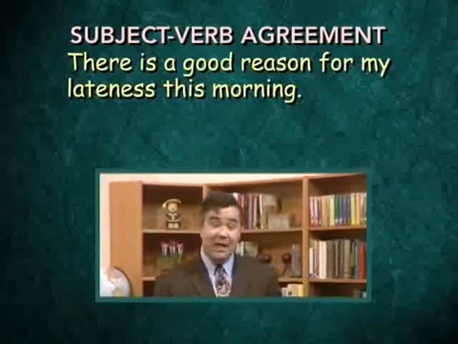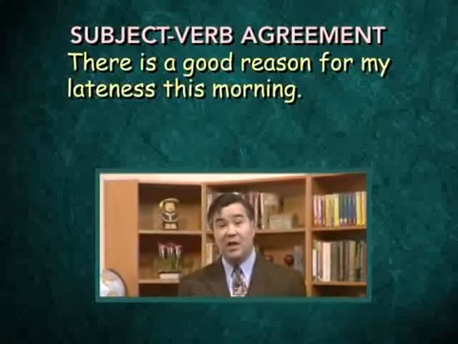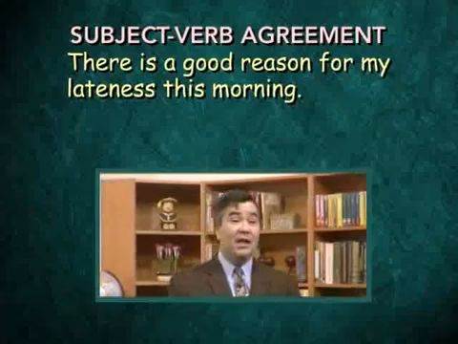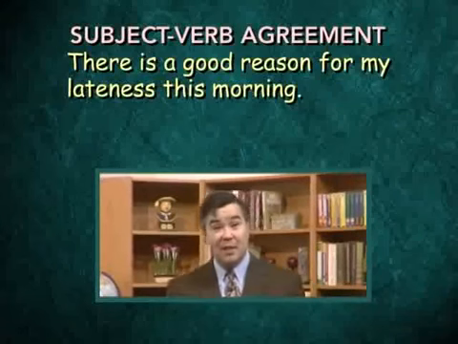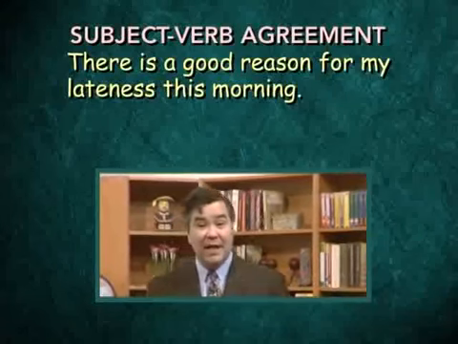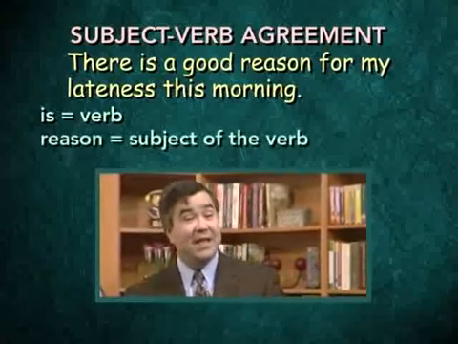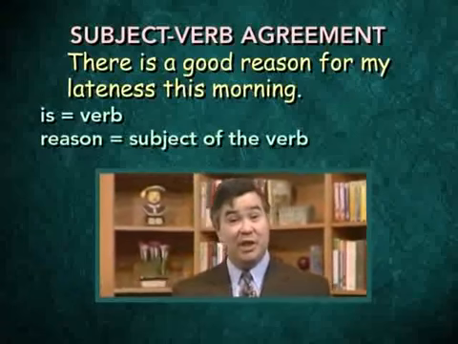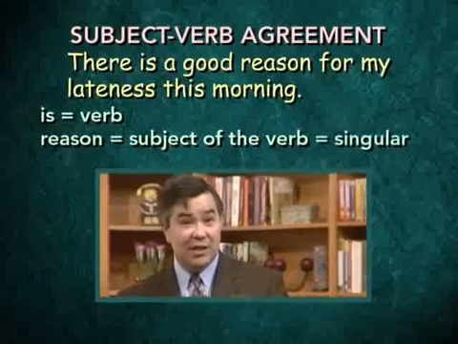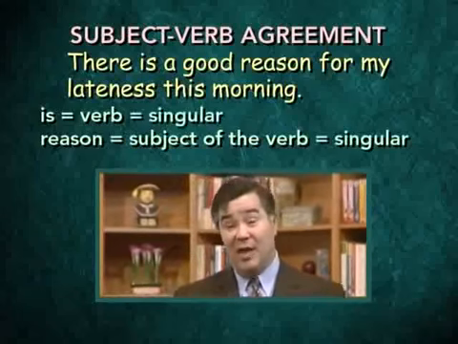Remember our tip. In sentences that begin with there or here, the verb normally precedes the subject. The subject comes after the verb. In this case, the verb is, and what follows, reason, is actually the subject. Reason is singular, and so the singular verb is correct.